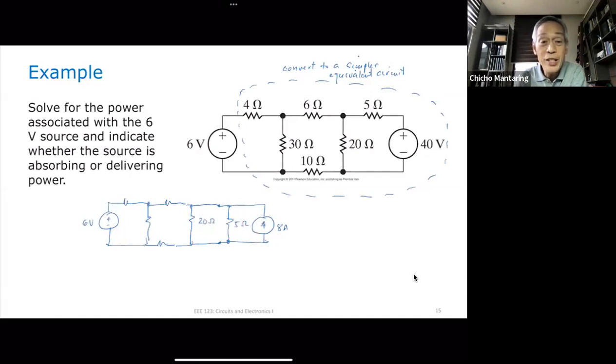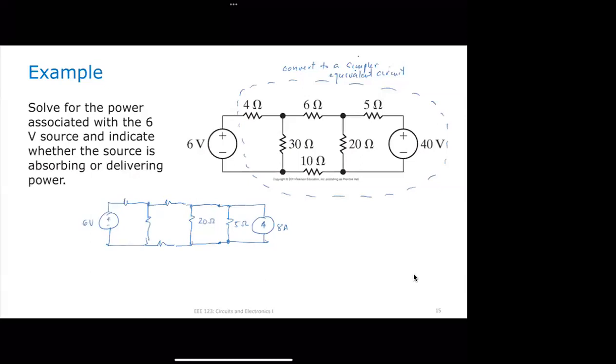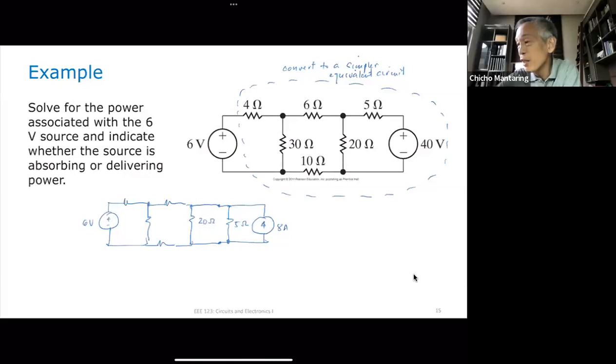Now, can you see something I can simplify? Yes, the 5 ohm and the 20 ohm are in parallel. That's right. We can simplify it into one. I can simplify the 5 ohm and 20 ohm into a single resistance, which is going to be equal to 4 ohms. Product over sum, 100 over 25. This is going to be 4 ohms.